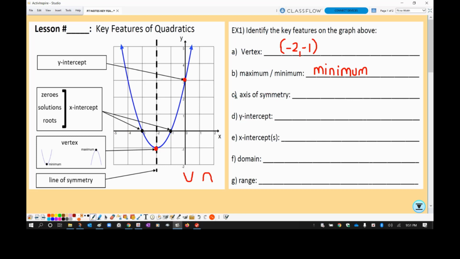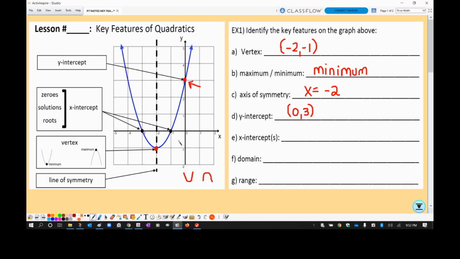The axis of symmetry. If you notice, the axis of symmetry is this invisible line. This invisible line would be at x equals -2. Also, the y-intercept will be this point right here, which you could say is 0, 3.